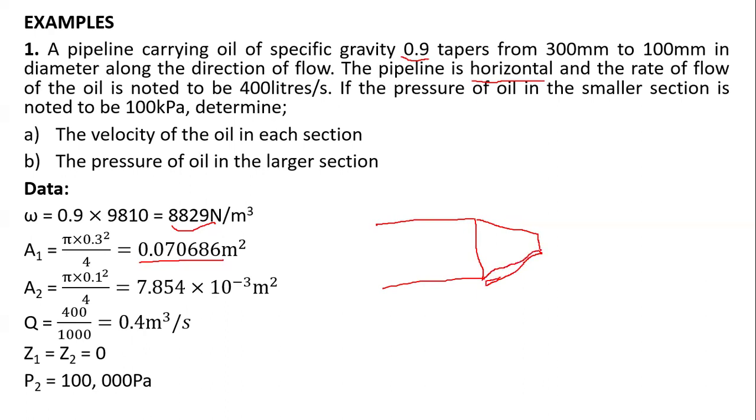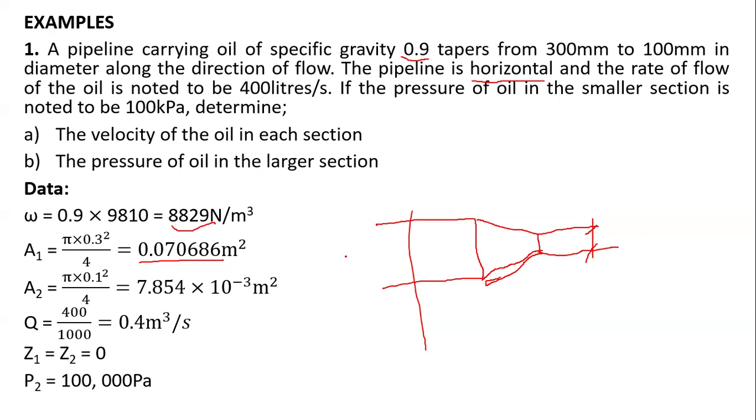This side here is your 300, and the other side there is your 100 millimeters.